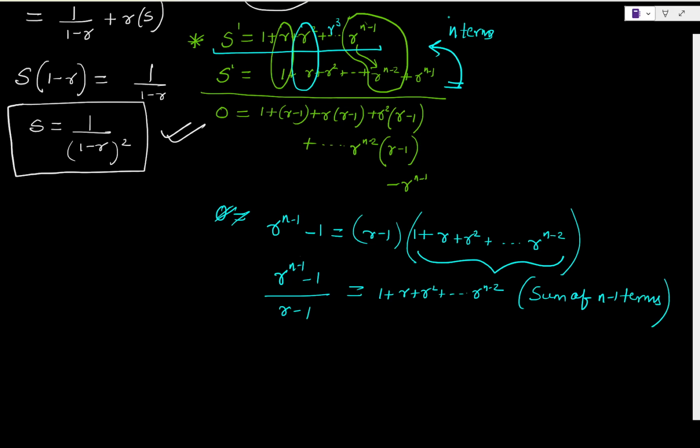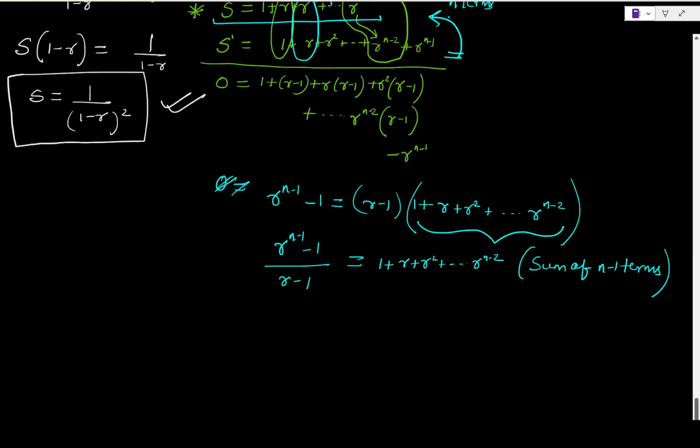So to compute the original sum, we can simply replace n minus 2 with n minus 1 here, or in other words, n becomes n plus 1, in which case the solution would be r to the power n minus 1 divided by r minus 1. This is the GP summation for n terms.